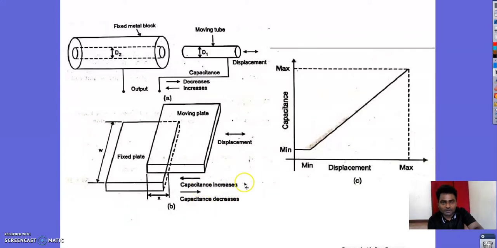That is what is mentioned here. And as we said earlier, the output is going to be linear. Why? Because the capacitance is directly proportional to the overlapping area. And this is the voltage. This voltage denotes that there is a zero displacement, and there will be an increase in voltage. This voltage denotes the residual voltage that we have seen earlier.